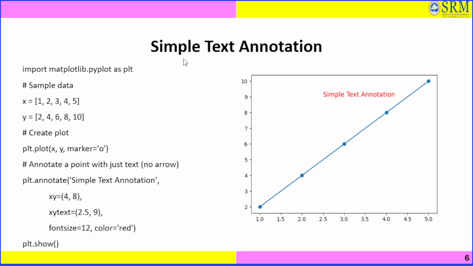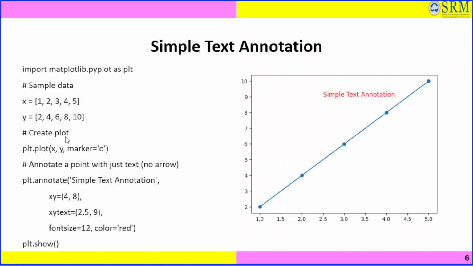This first example is used to do a simple text annotation. Import matplotlib.pyplot as plt. So this is how to import matplotlib. plt is an alias name for matplotlib.pyplot. x is a list of values from 1 to 5. y is a list of values from 2 to 10.